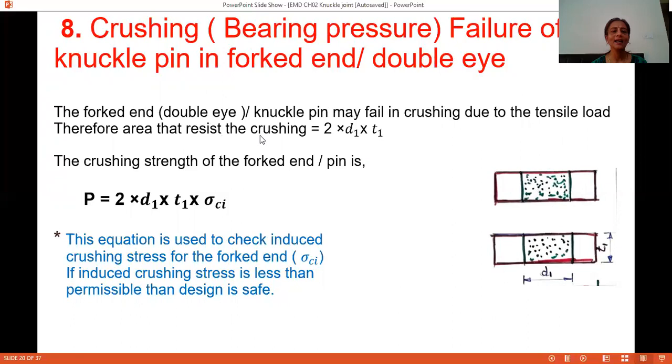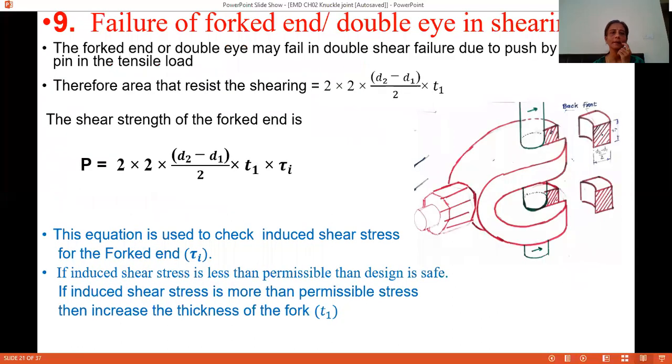Our area resisting failure equation is 2 into d1 into t1, and the strength equation is 2 d1 t1 into sigma c induced. From this equation, sigma c induced can be calculated, and it should be less than permissible for safe design.